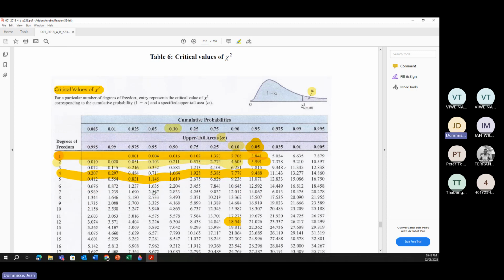I will show you how to look at it and how to use it in the examples.